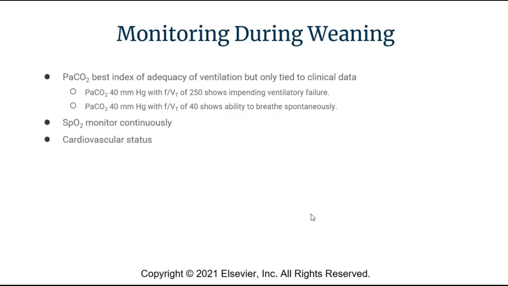So the higher your RSBI, your frequency divided by your tidal volume, the more likely you're going to have that vent failure. If you have an RSBI less than 105, that usually indicates that the patient's going to be able to sustain spontaneous breathing. You're going to want to make sure that you're monitoring their SpO2 continuously.